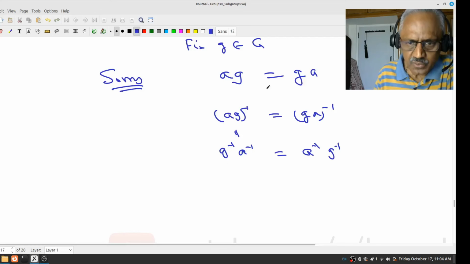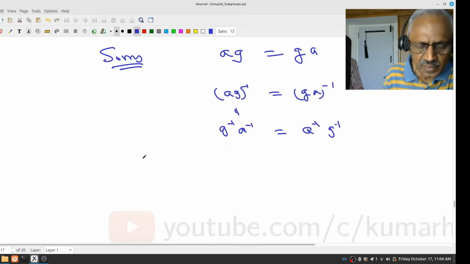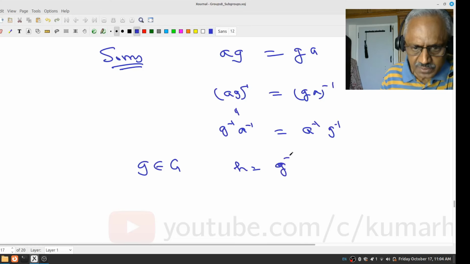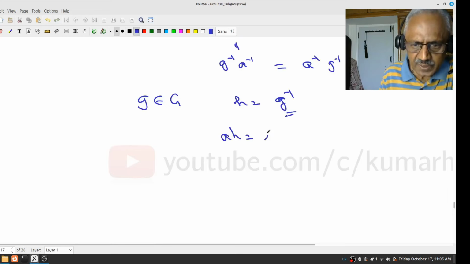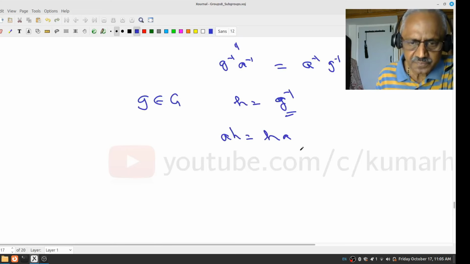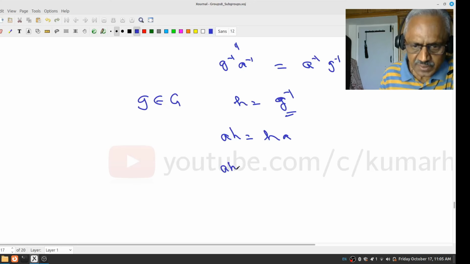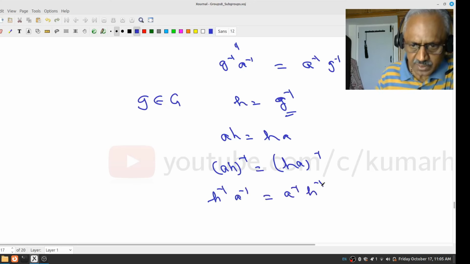So let us see. Let g in G be given. Let h equal g inverse. Now what do I know? I know ah equals ha. Take the inverse, that is (ah) inverse equals (ha) inverse. But this is h inverse a inverse, and this is a inverse h inverse.